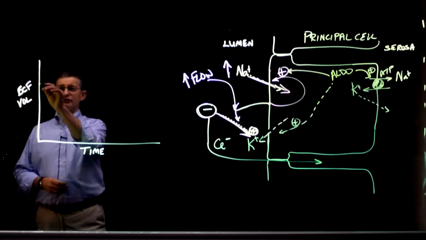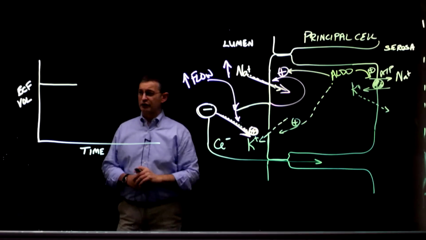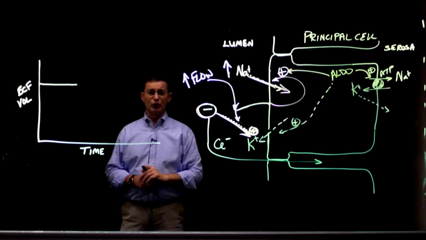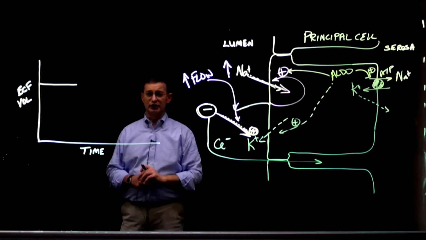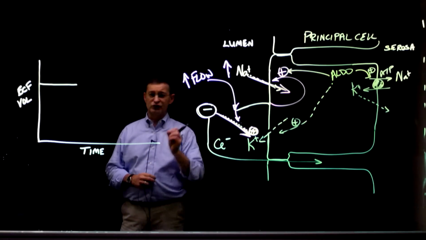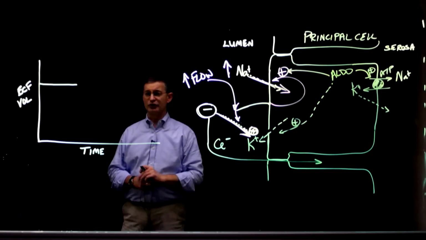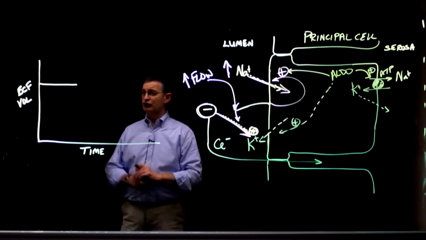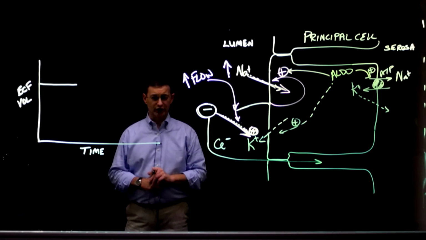And ECF volume clinically can be evaluated from day to day based on weight. And we'll look at total body weight and changes in total body weight. And over the short term, any changes in body weight can be assumed to be secondary to changes in volume. And so changes in volume is typically related to changes in ECF volume, and that translates to sodium balance.